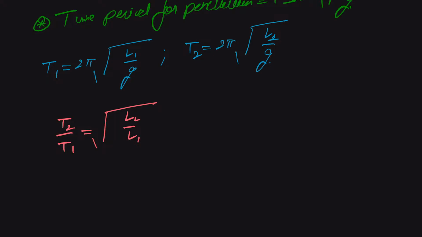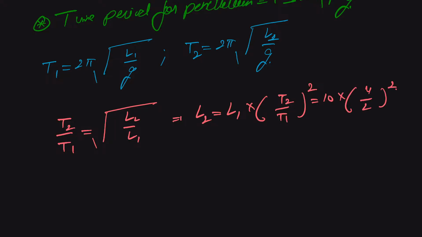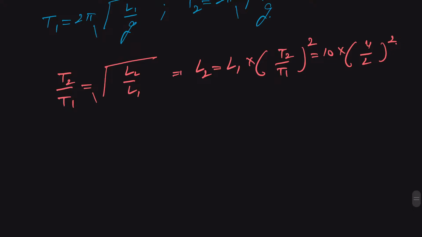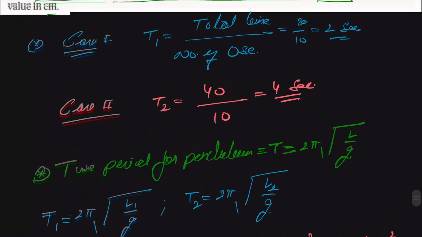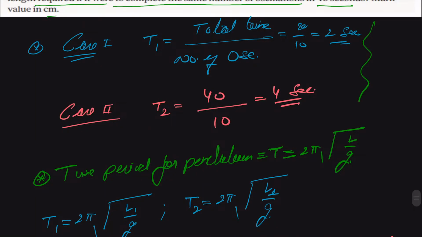From here L2 will be equal to L1 times (T2 upon T1) whole square. L1 is given as 10, T2 was 4, T1 was 2, whole square, and this gives us L2 equal to 40 centimeters. So this was quite straightforward. Only for case 1 we have to find the time period as it is. Next question.